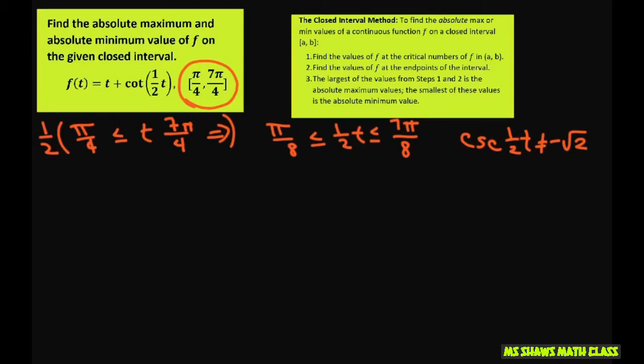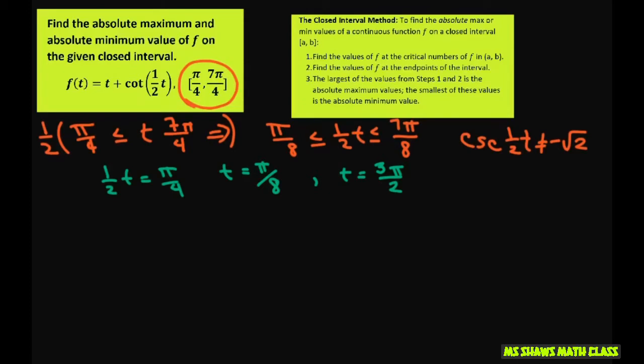So we're going to have t equals, and remember we had 1/2 t equals pi over 4. So that means t equals pi over 8. And for the other one, we have t equals 3 pi divided by 2. So those are our two t's. Those are our two critical numbers.